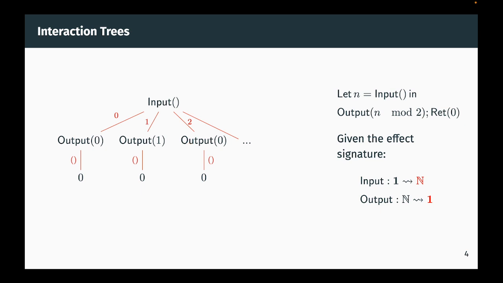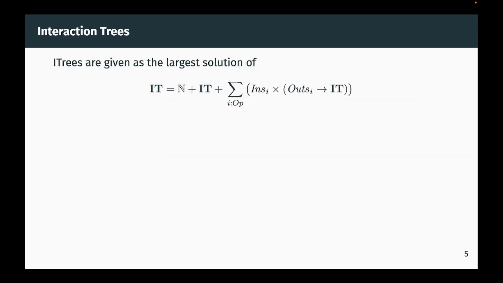Okay, so this is a specific example of interaction trees. In general, interaction trees are given in Coq as a co-inductive type, but it's useful for our purposes to think of it as the largest solution of a particular equation. And this equation has three components. The first one is the ground type, which we pick to be integers, but we can pick any ground type there. The second component represents a silent step or an internal step of computation, which is needed for technical reasons.